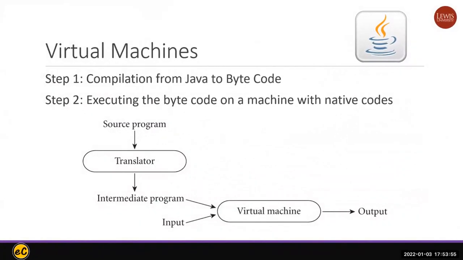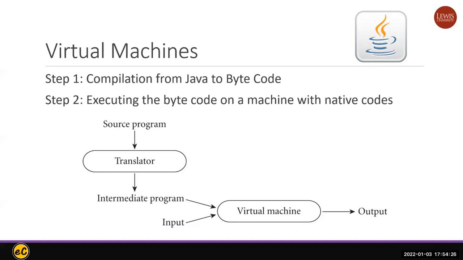Okay, Java has the virtual machine, so your source code will be translated into some sort of intermediate code. In Java's case, we call it bytecode, and the bytecode is loaded along with the user's input into the virtual machine, and the virtual machine does just-in-time translation for you and runs your code and data to provide the output. This is the so-called virtual machine.